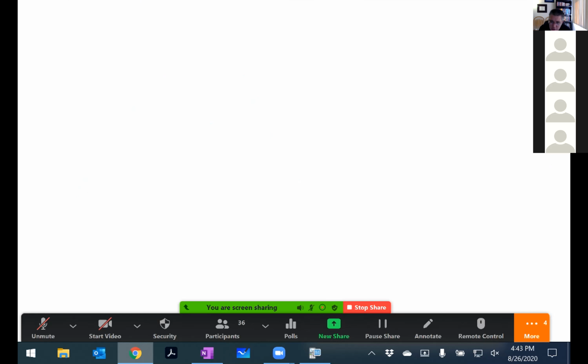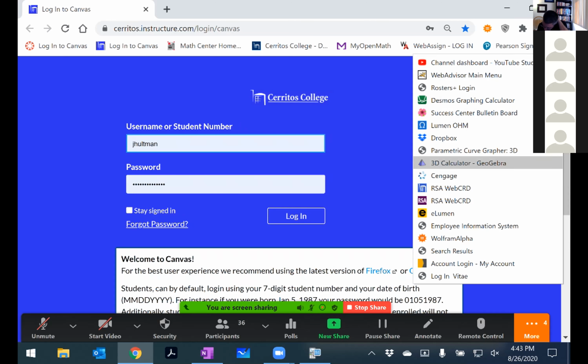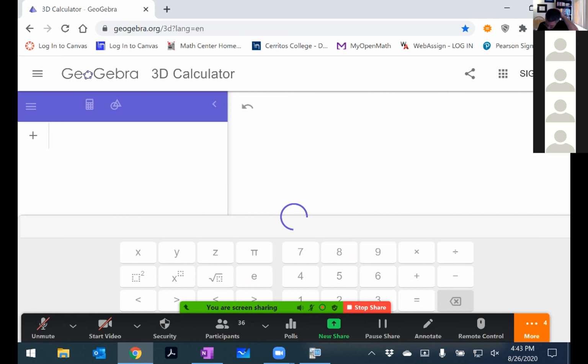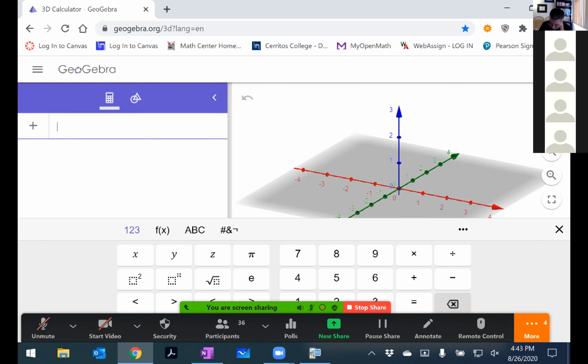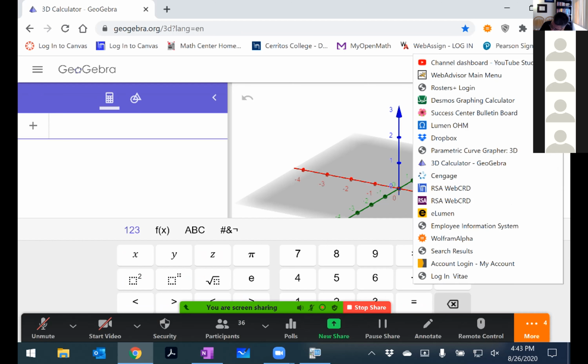Let me just play around with something real quick. I don't know if this is going to work or not, but I want to see. Let's see what happens here when I do my 3D calculator. Do I want this? No, I don't want that one. I want the other one.